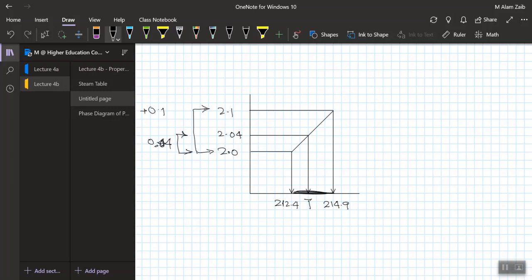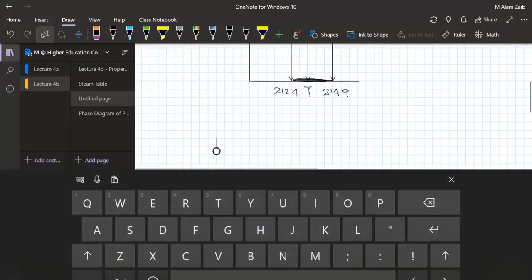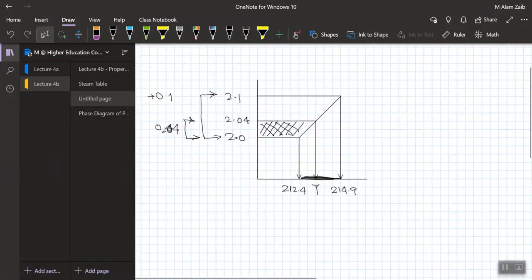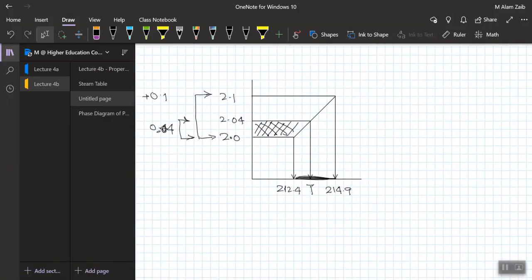So what would be the percentage of this space somewhere here? The percentage would be equal to 0.04 divided by 0.1. That's how you find the percentage between them. So this is the percentage of this one.